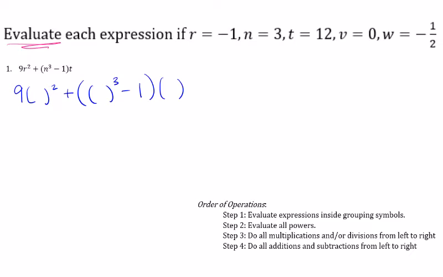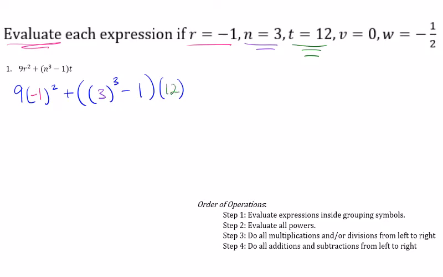So for r, I'm going to put in -1. Where r was before, I'll put -1, okay? And then for n, there's a 3. So where n was before, I'm going to put a 3. All right, and then I'm seeing here t is 12. So where there was a t before, now I'm going to put a 12.